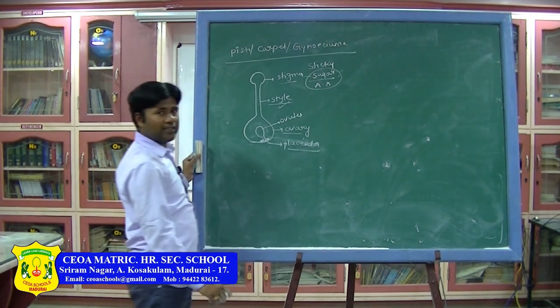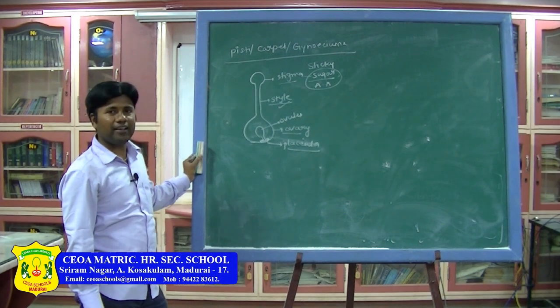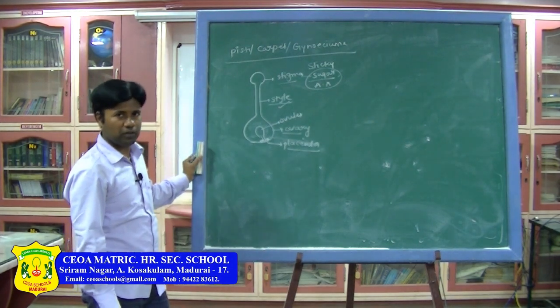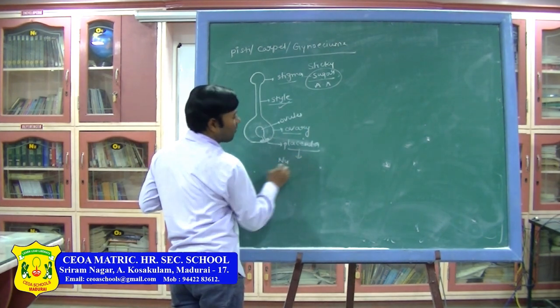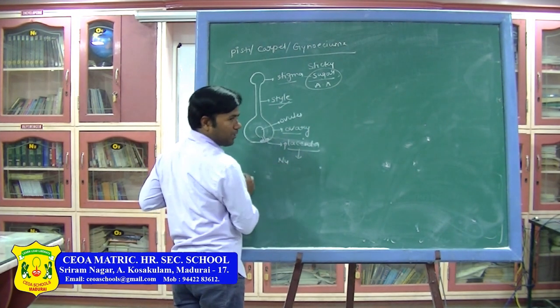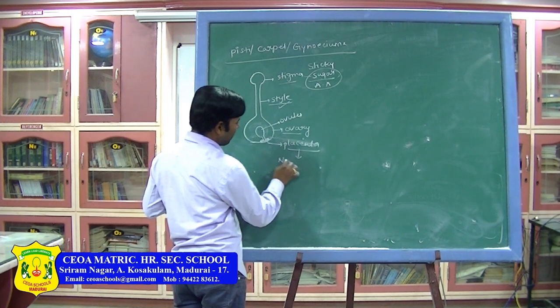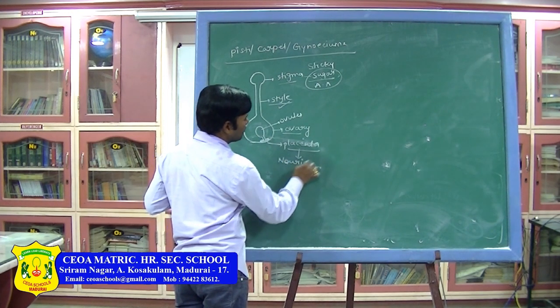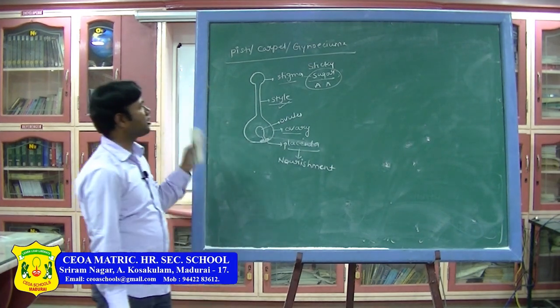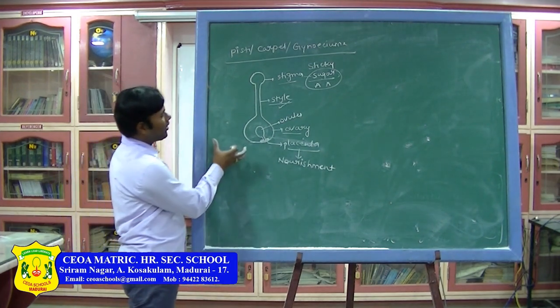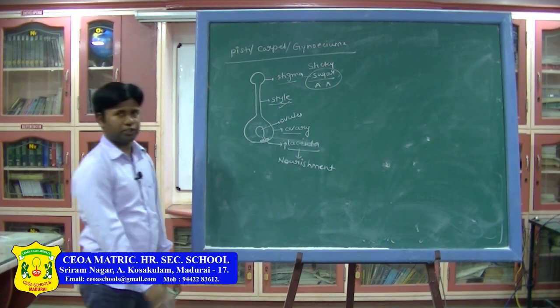The presence of the placenta is a characteristic of the angiosperms. What is the role of the placenta? The placenta provides nourishment to the developing embryo. So this is the peripheral information regarding the pistil.